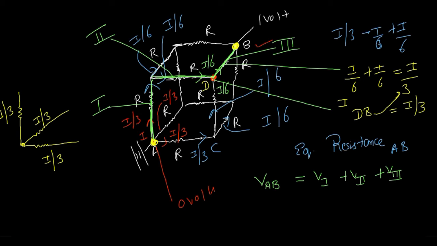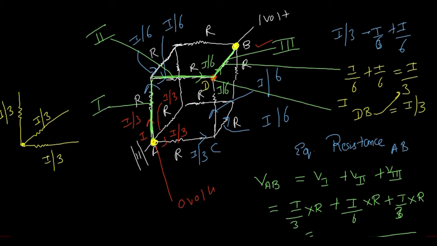So if you add these, you can apply Ohm's law now. The current here is I by 3 into R, plus I by 6 into R. And then you can see the third branch, where the current again aggregates and becomes I by 3 into R. Okay, so take an LCM of 6.